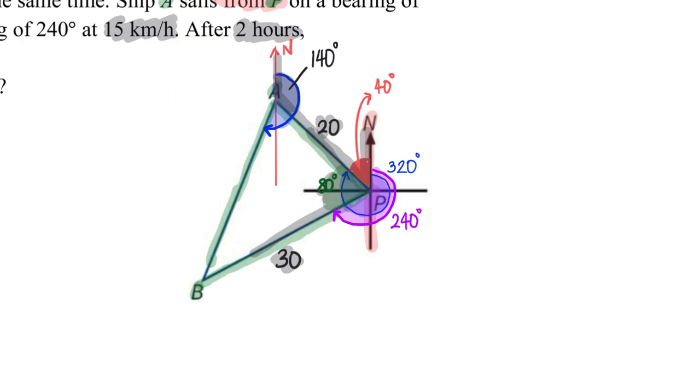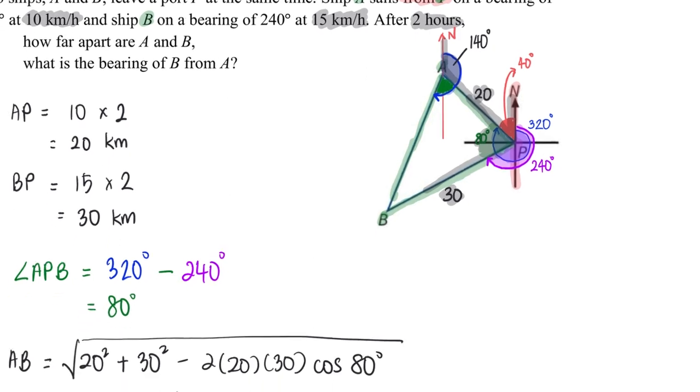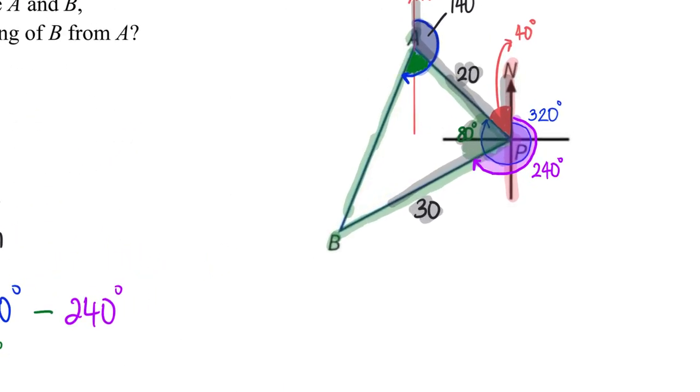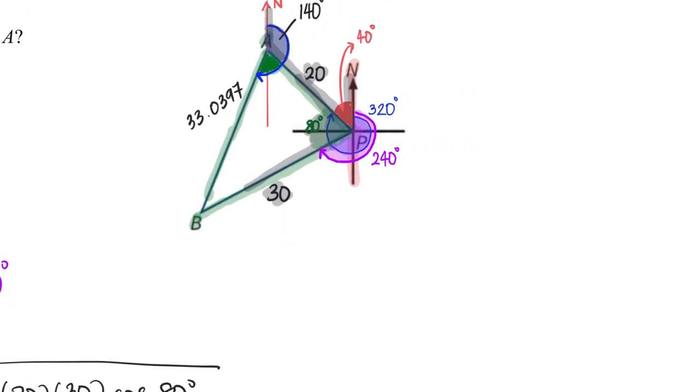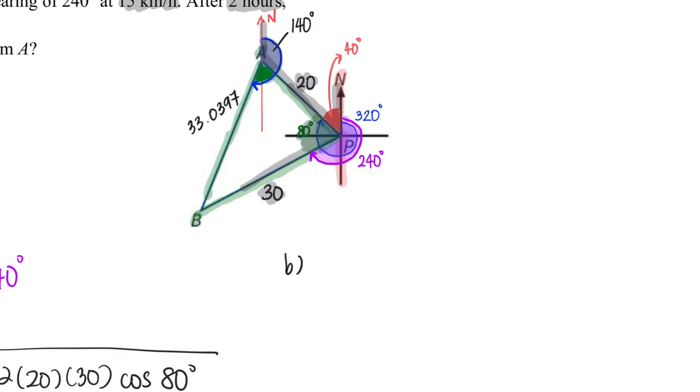And the last angle that we need is this green color angle here, angle BAP. We could tap on our knowledge of the sine rule to help us solve this. Since we now know that this is 33.0397, I'm going to apply the sine rule to find my angle BAP.